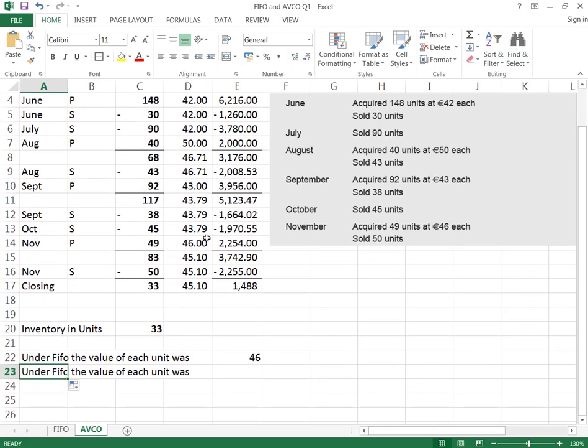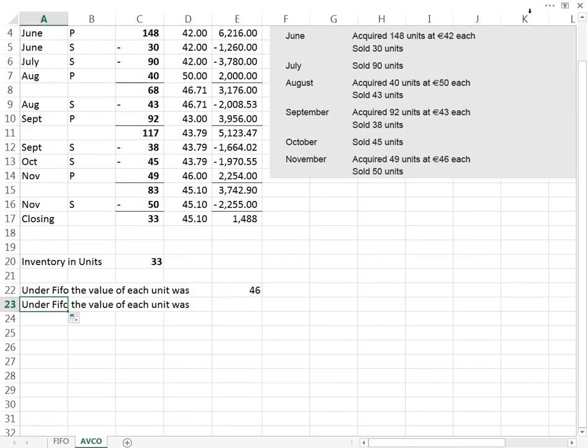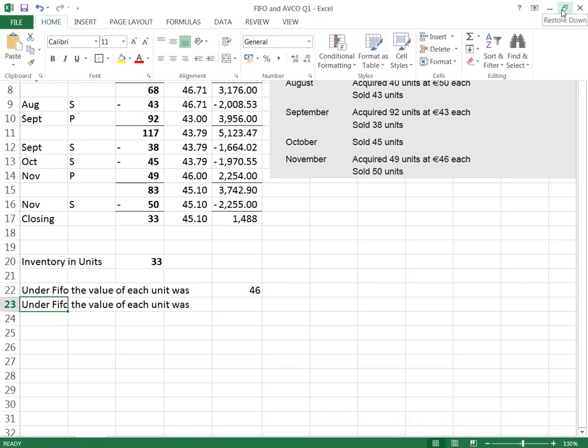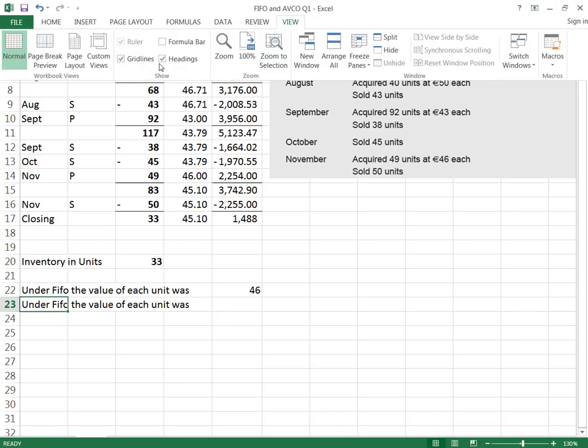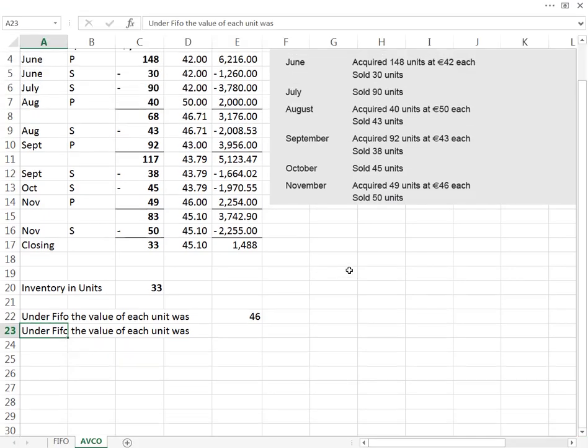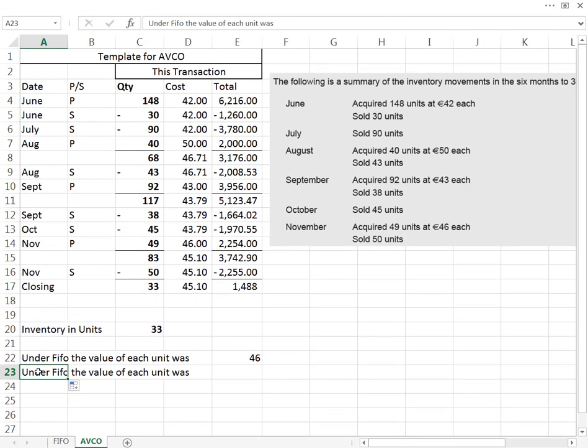Under AVCO, the value of each unit was, we see it up here, we see it as being 45.10.